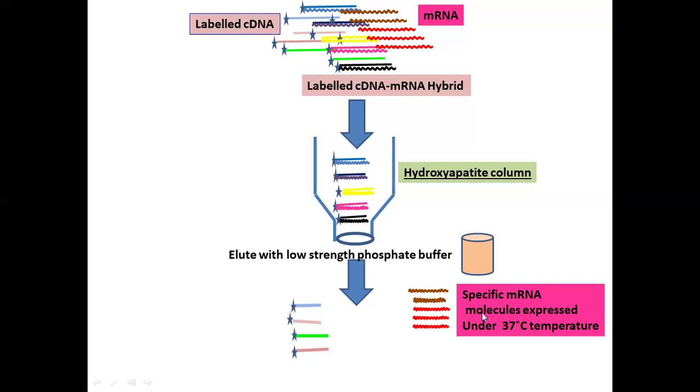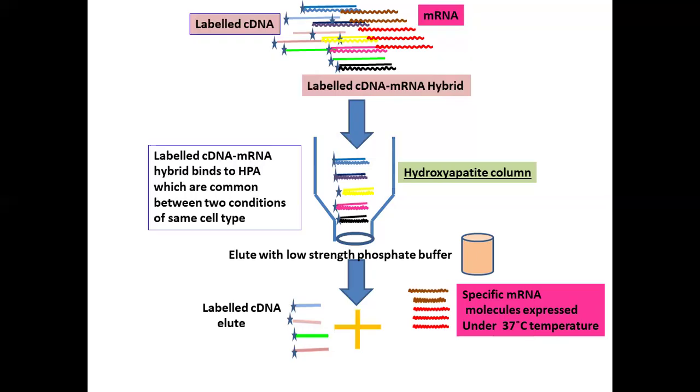So here these are the mRNA molecules which are expressed only under 37 degrees centigrade, right? As I told you, the labeled cDNA and mRNA hybrid binds to the HPA, which are common between the two conditions of the same cell type. Whatever is common between 28 degrees centigrade and 37 is retained in the hydroxyapatite column.